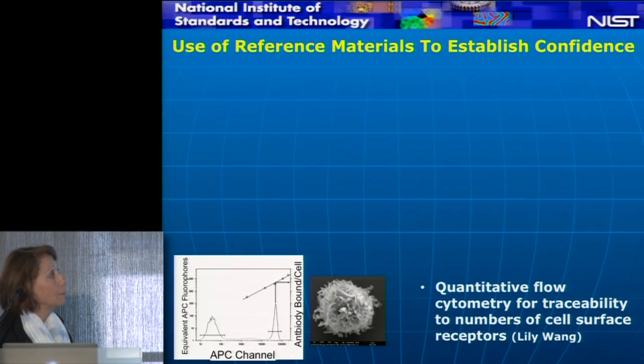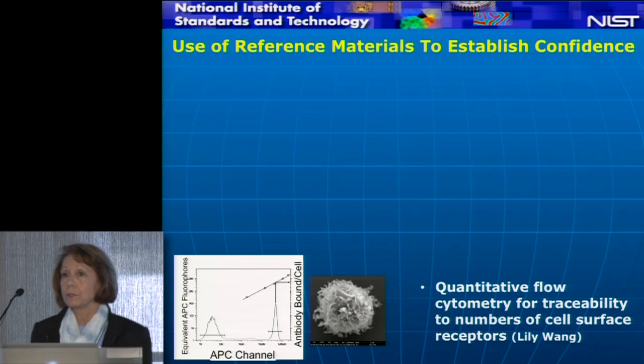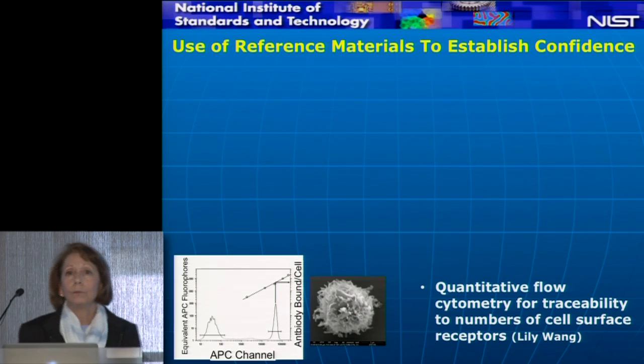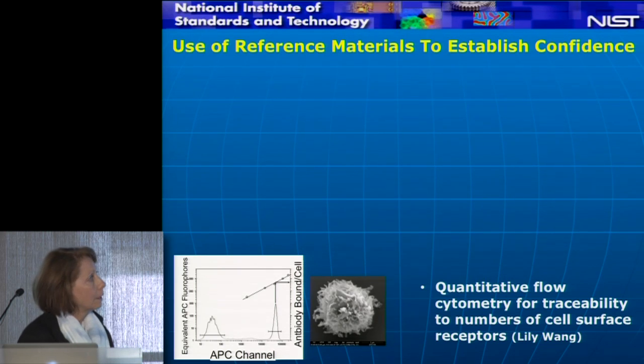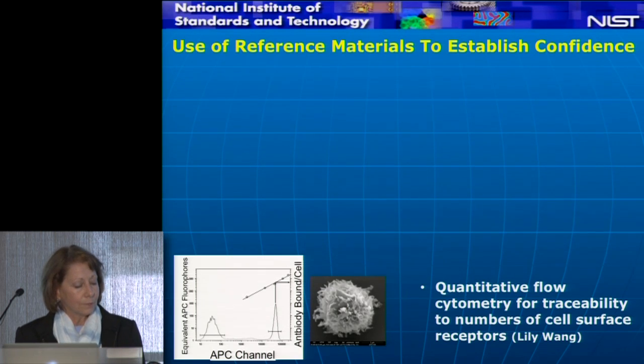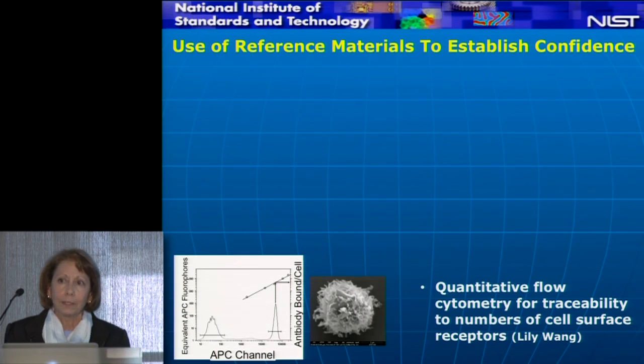And we do quite a bit of work in quantitative flow cytometry and benchmarking materials that allow you to put, for example, the fluorescence intensity equivalence and relate that to numbers of antibodies through a lyophilized T cell, a population of T cells that have a very similar concentration or density of cell surface receptors on it.